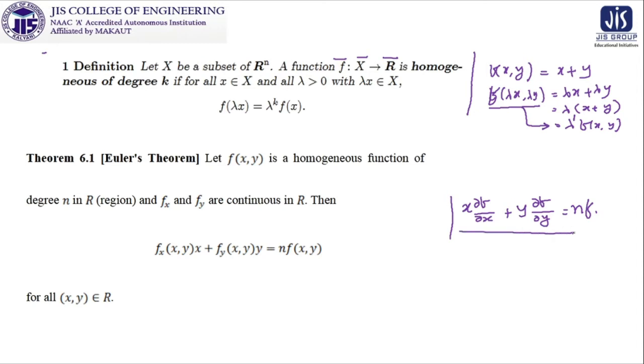So this is Euler's theorem, to be specific, Euler's theorem for first order. Whenever I mention Euler's theorem for first order, obviously there will be a question whether there is any second order formula.